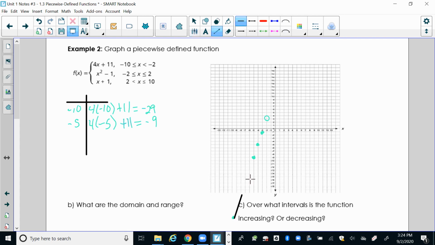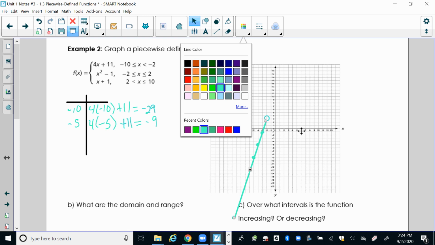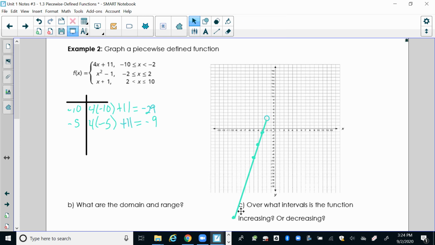I'm going to cheat a little bit and use my technology here to graph that line, because I know there's no way I'm going to get a nice straight line if I try to do that by hand on this Chromebook. So there we go. There is our function over the domain -10 to -2.